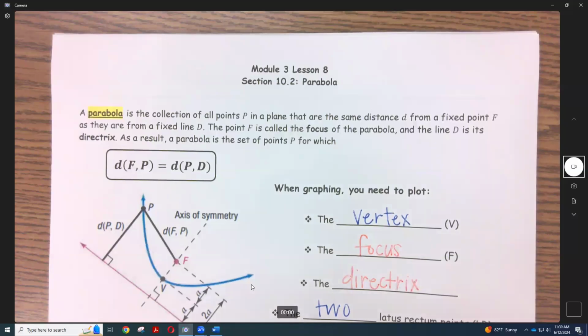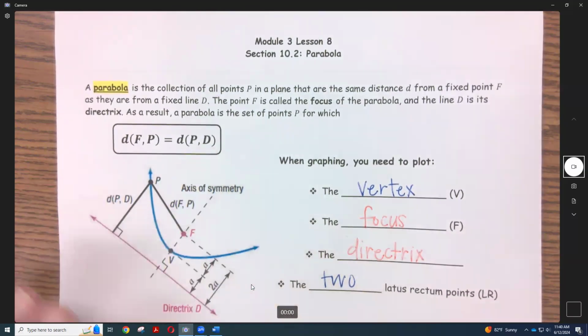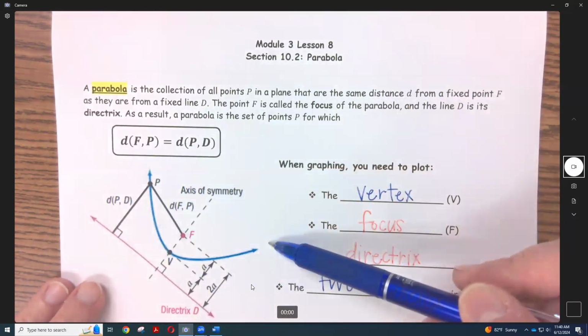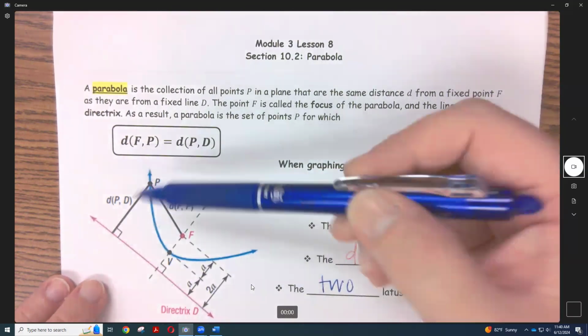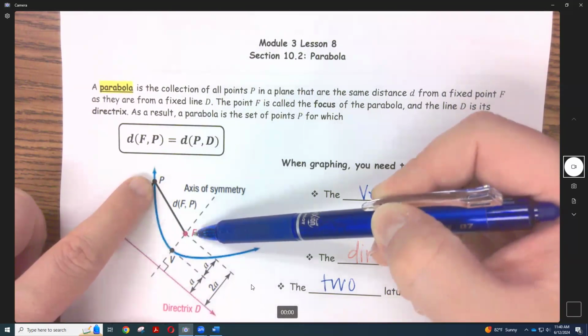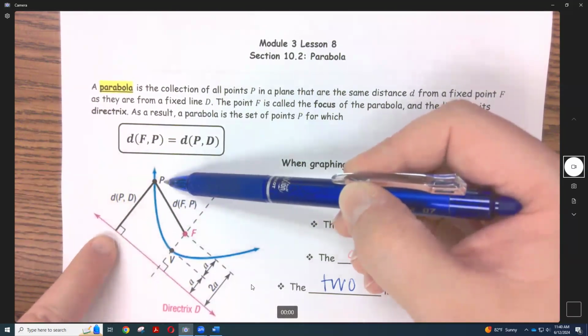As a result, the parabola is the set of points P for which this holds. Whenever I have any point at all on this parabola, the distance from my focus to that point should be the same distance as from this point to my directrix line.